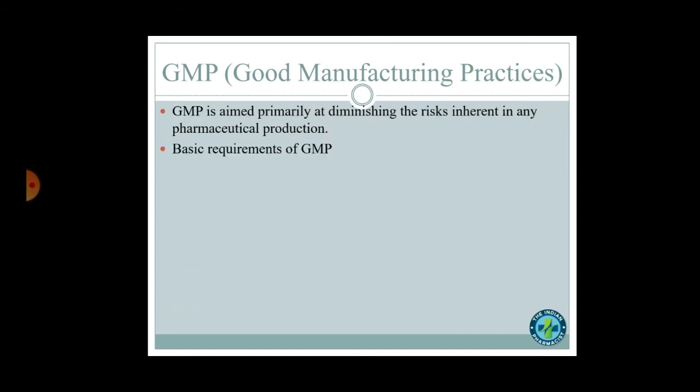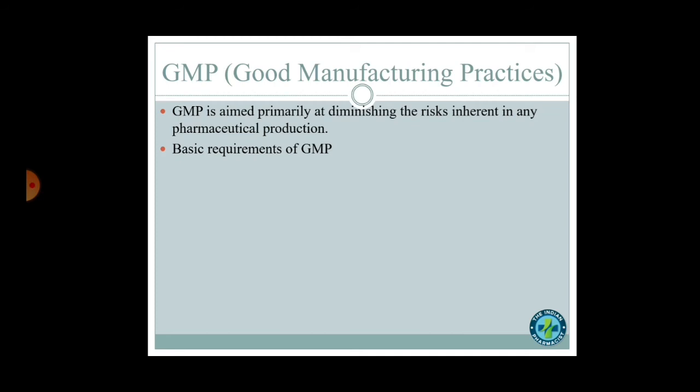GMP is a part of QA which ensures that products are consistently produced and controlled to quality standards appropriate to their intended use and is aimed primarily at diminishing the risk inherent in any pharmaceutical production.